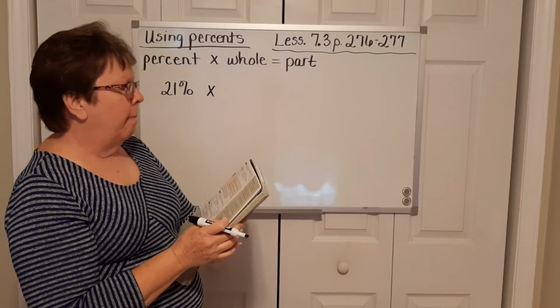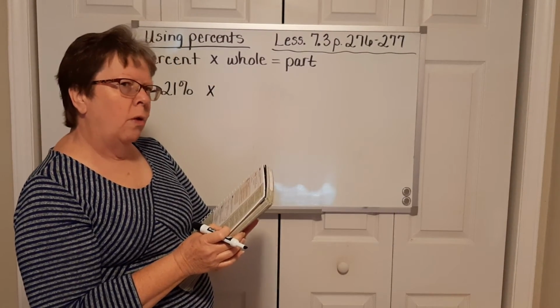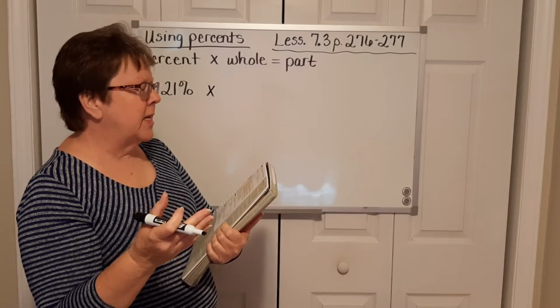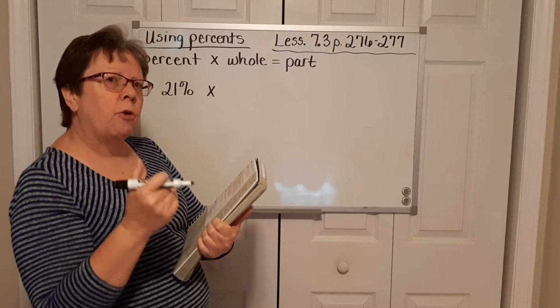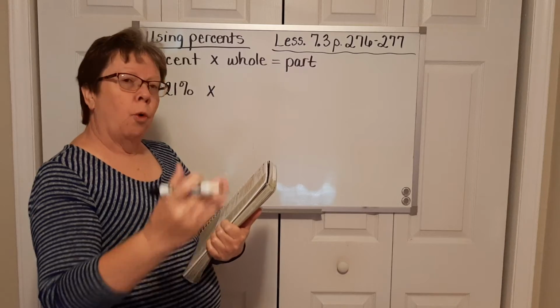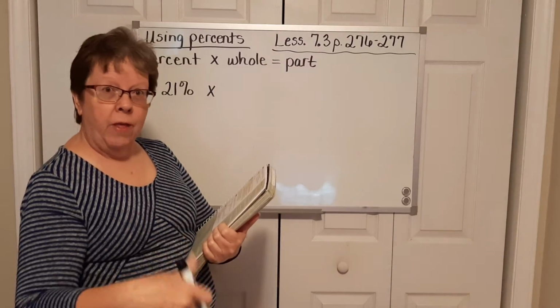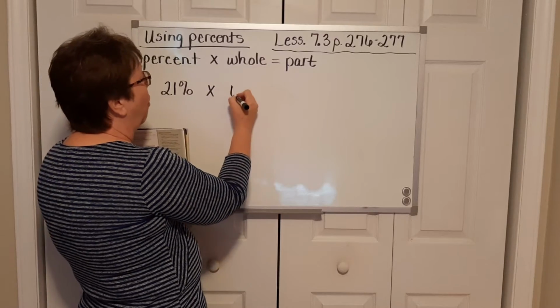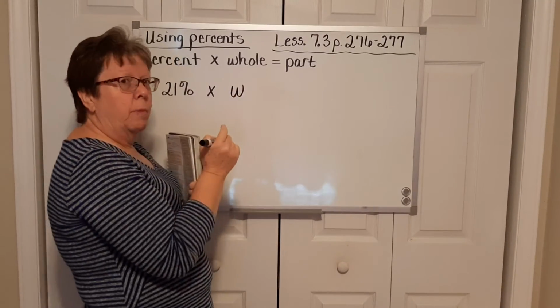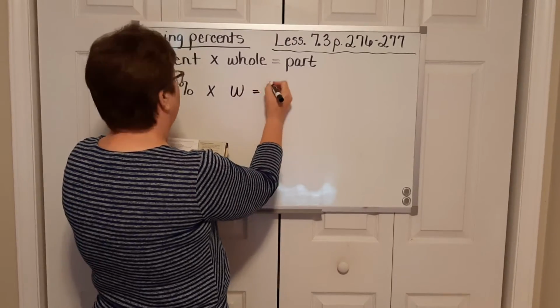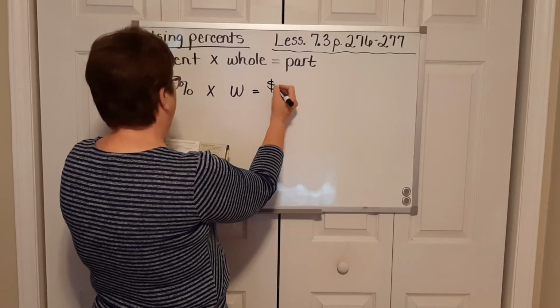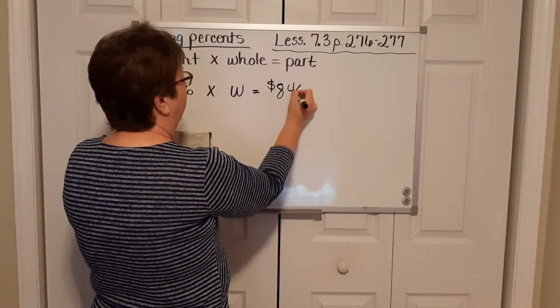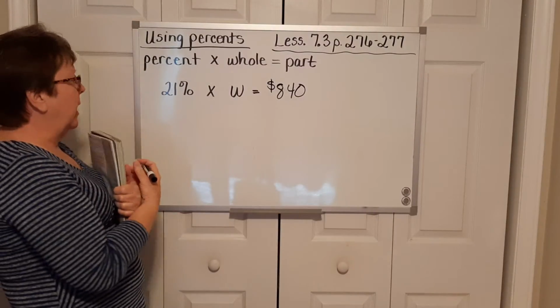Now we're trying to find their whole monthly income, because part of their monthly income goes for their mortgage payment of $840. So that's the part. Here we're trying to find the whole, which is their monthly income.